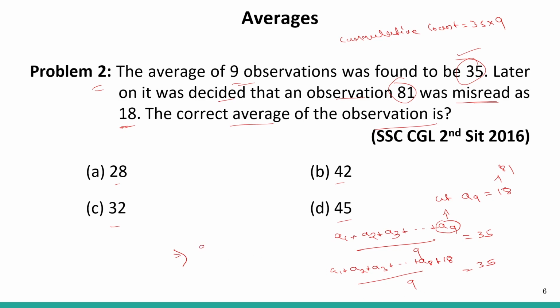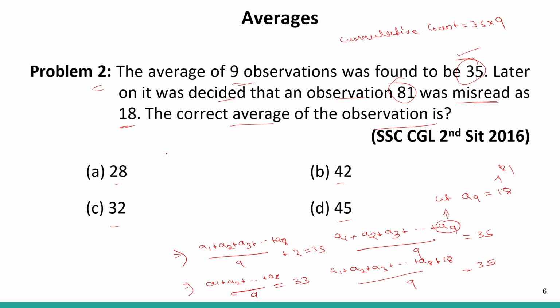It will be A1 plus A2 plus A3 plus dot dot dot plus A8 by 9 plus 18 by 9, which is 2, is equal to 35. So A1 plus A2 plus dot dot dot plus A8 by 9 is equal to 33, right? So this is what 33 is.